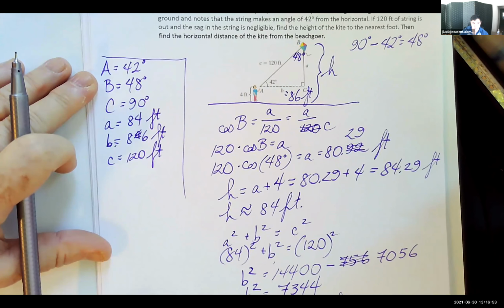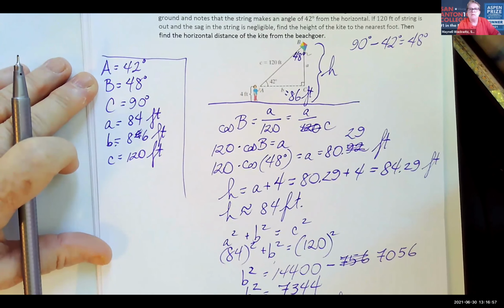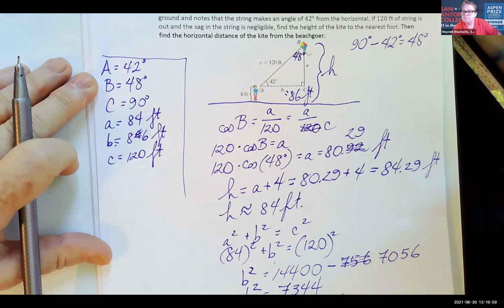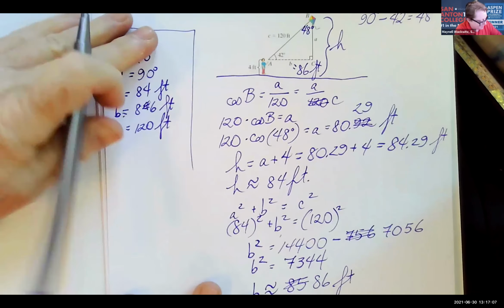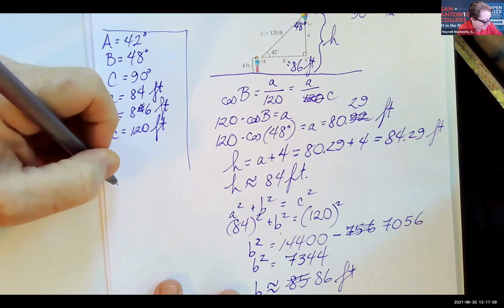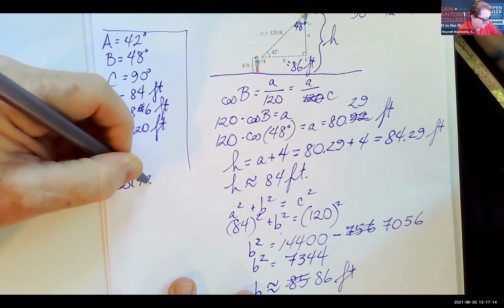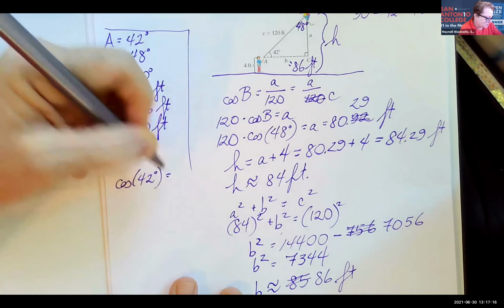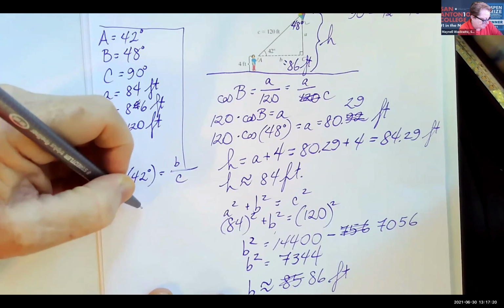You got something in the chat. Oh, okay, thank you. We could use the cosine, thanks, Anna. So we could use cosine of 42, which should be little b over c.